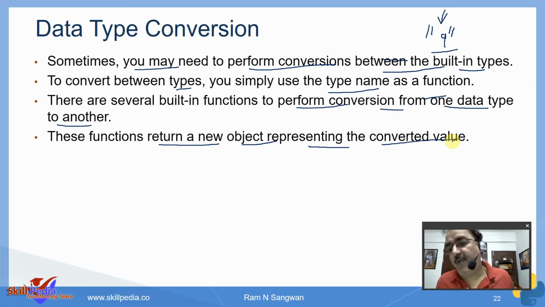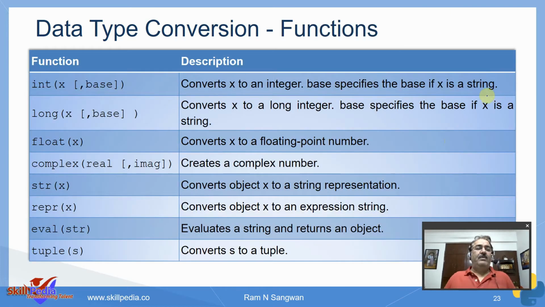Like you want a float to be converted to integer, or an integer to be represented as a float, or a string to be represented as a number, because the value returned by some function or expression is in the form of a string or a number, and you want to change that into a different data type. So these are data type conversion functions.